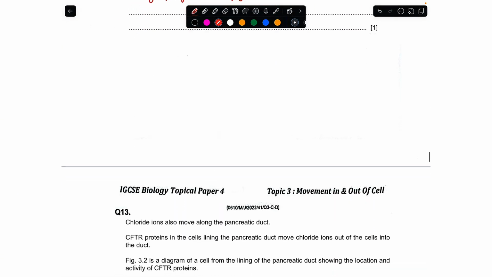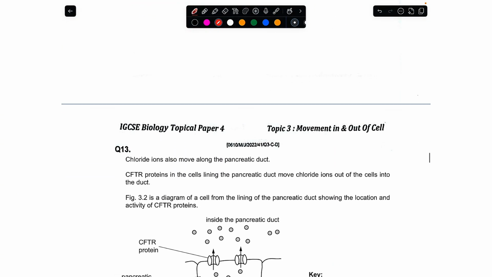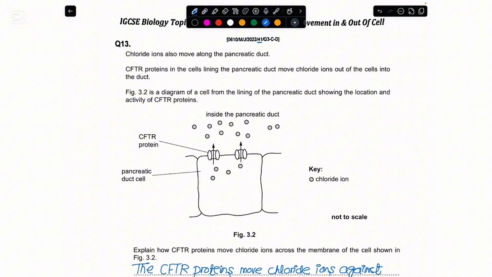Toward the next part, that appeared in paper variant 4.1, and this came in May June of 2022. What they are telling us is that chloride ions also move along the pancreatic duct. Now, where the pancreatic duct is lying, we know that we have this liver, and this liver acts as an accessory organ for our alimentary canal.